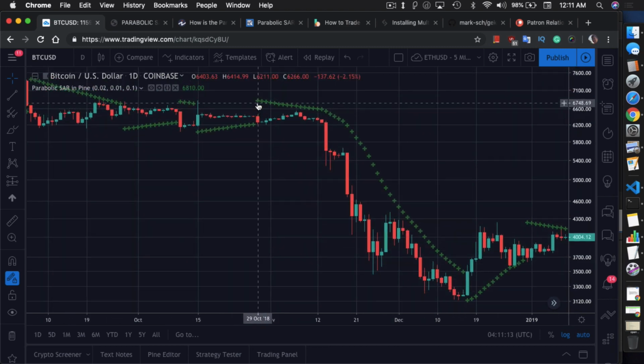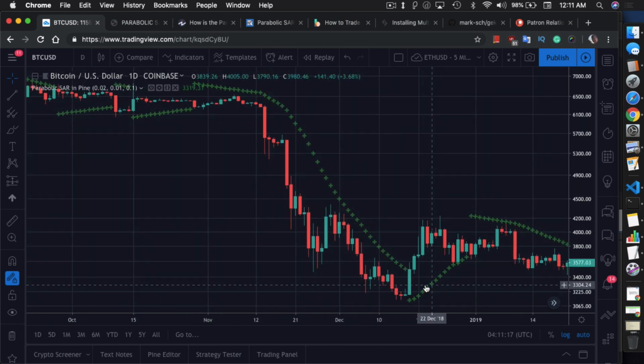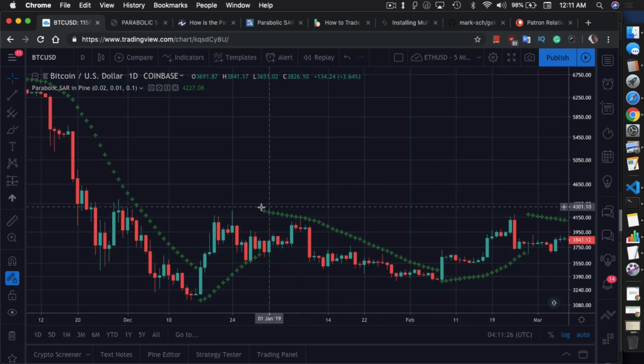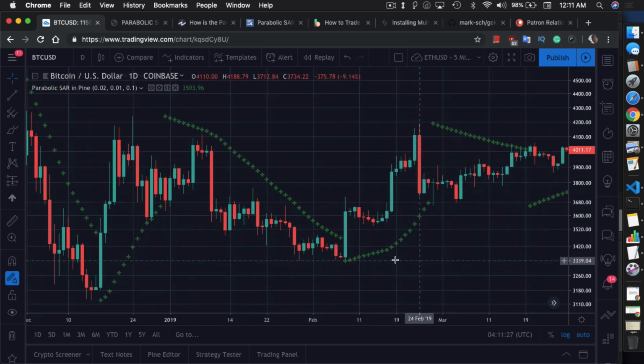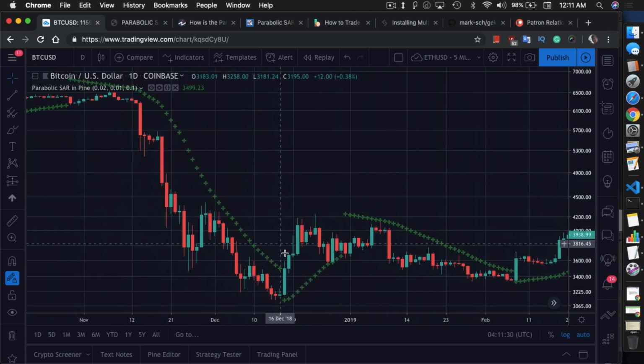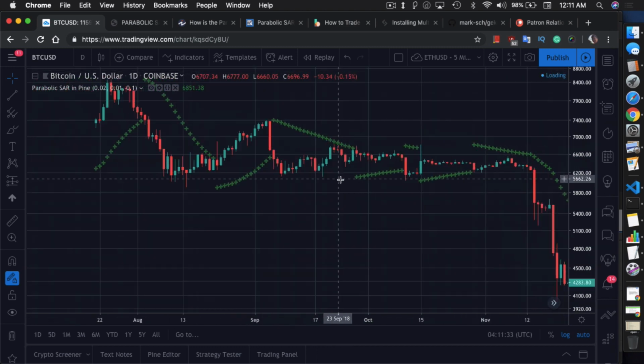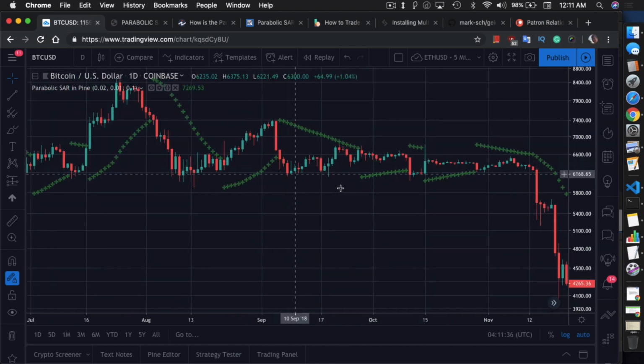Basically, you just sold right here and waited until over here to buy around December, and then make some profit right here and sell and avoid this whole process again, so on and so forth. So it's really good at making these small gains even through bear markets. Obviously there are portions right here where it's just kind of flat, so you're not going to make any profit.